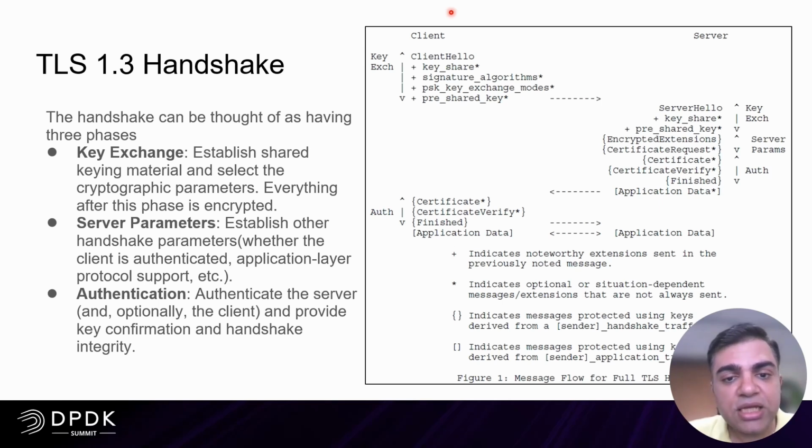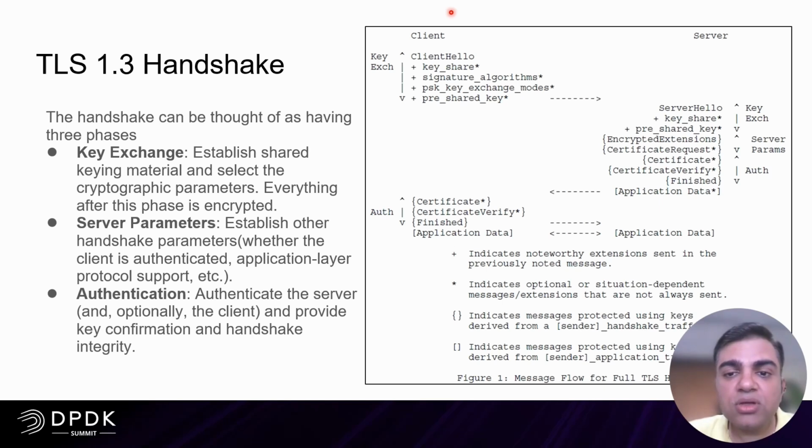It is a signature over the entire handshake using the private key corresponding to the public key in the certificate message. And finally, a finished message is sent, which has a MAC, message authentication code, over the entire handshake. This message provides key confirmation and binds the endpoint's identity to the exchanged keys.